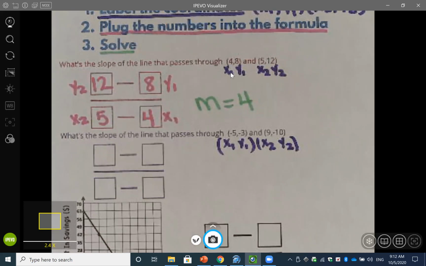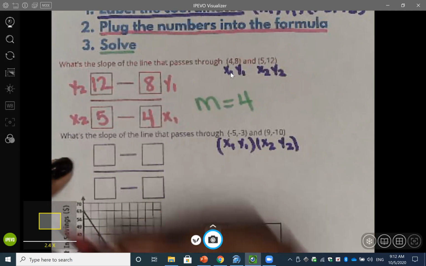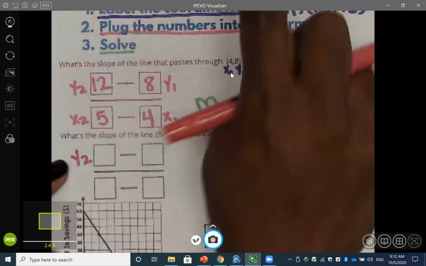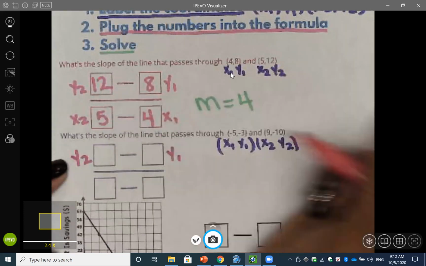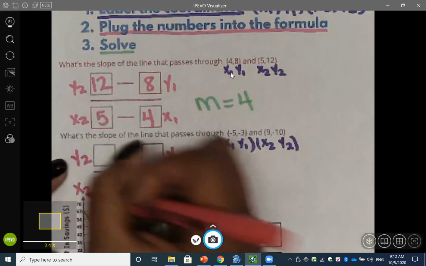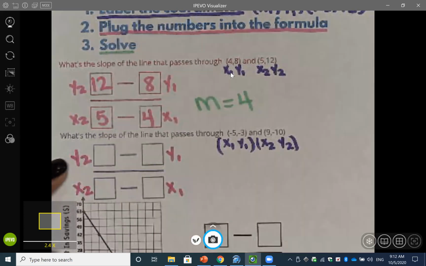Step 2 is to plug the numbers in. So the first one on the top is going to be my y2, according to the formula that's up here on top. My next one is y1, and then x2, and then x1.